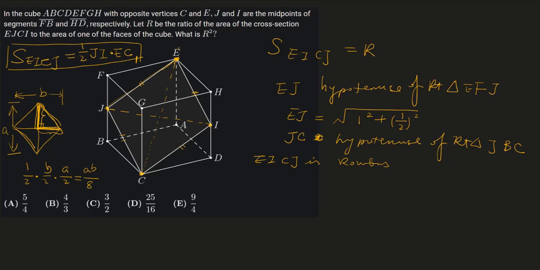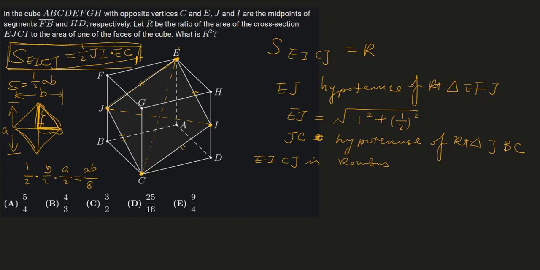But don't forget, this is only a quarter of this rhombus. So the area of the rhombus just equals a half of A times B. And that's this formula, right?